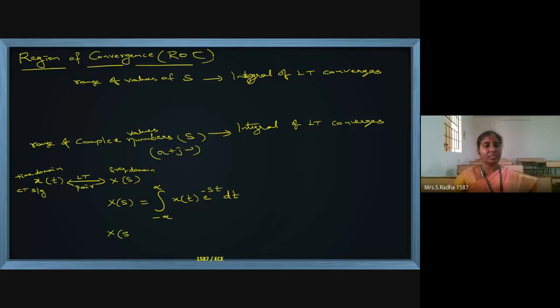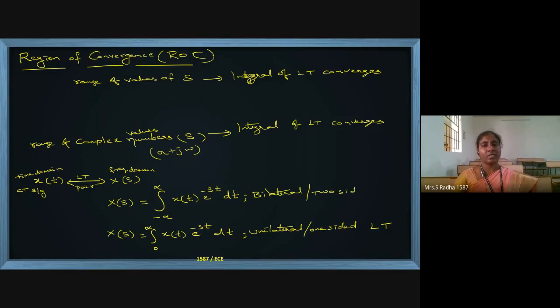If you take x of s with integration limits only positive or only negative, only one-sided values, that is called unilateral or one-sided Laplace transform. If you take the integration limits on both sides, positive as well as negative, it is called bilateral or two-sided Laplace transform.